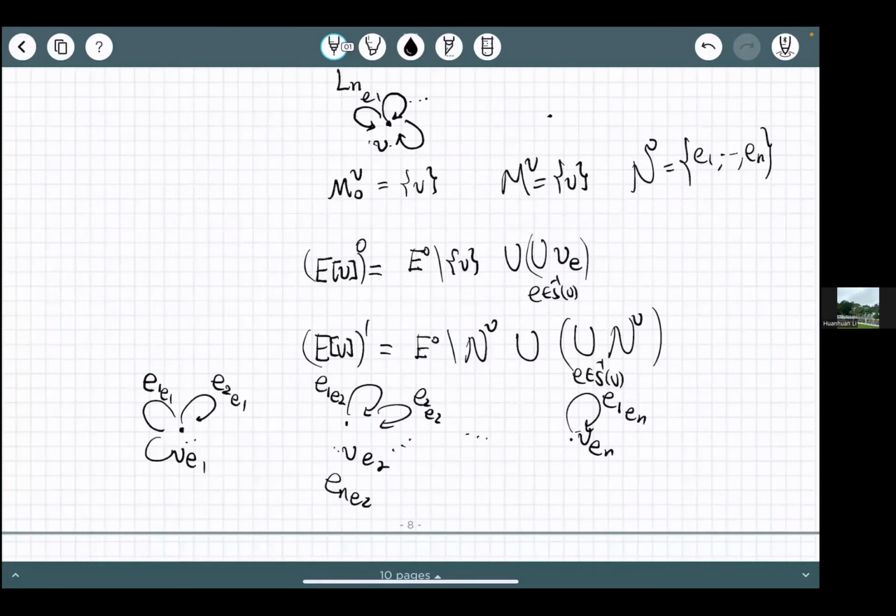So you get something disconnected. In this case it is disconnected, so it's not Morita equivalent to the original one. Not just not isomorphic, not Morita equivalent either.